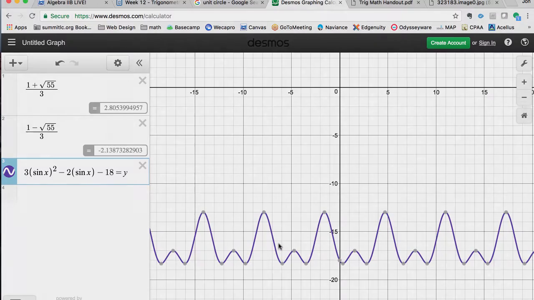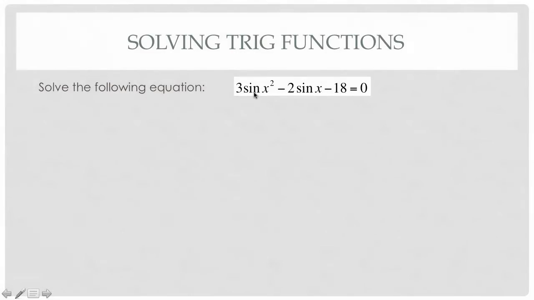Whew. All right, let's go back. So recapping what we did, we solved this basically with the quadratic formula, and then put sine of x in at the very end, but found that there is no solution, right? Sine of x has to be between negative 1 and 1, and our values were asking for 2.3 and negative 2.1.